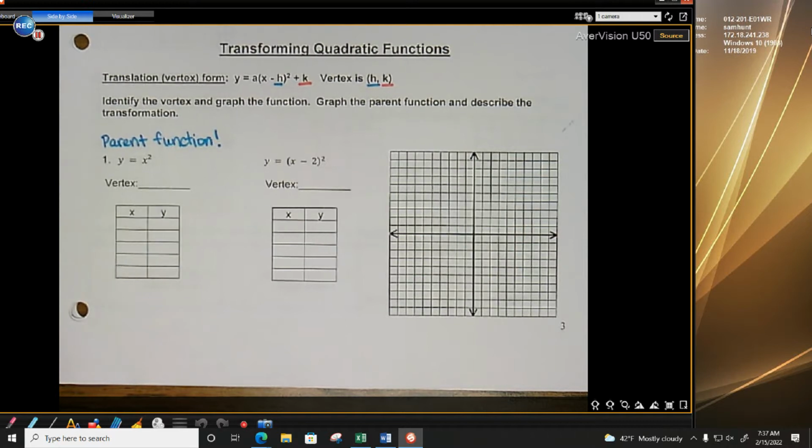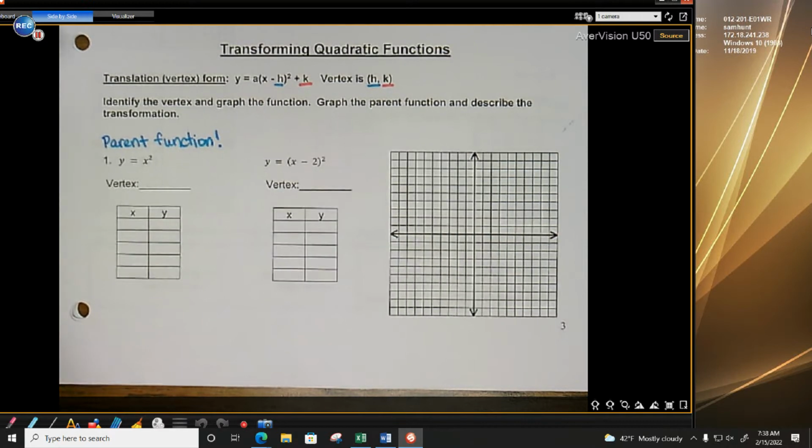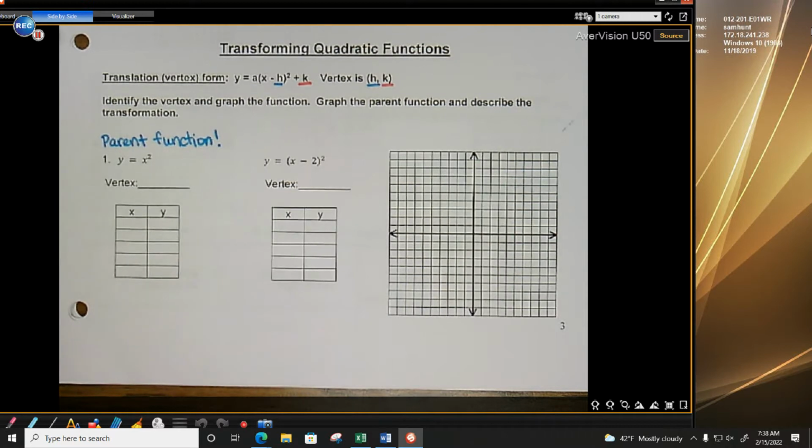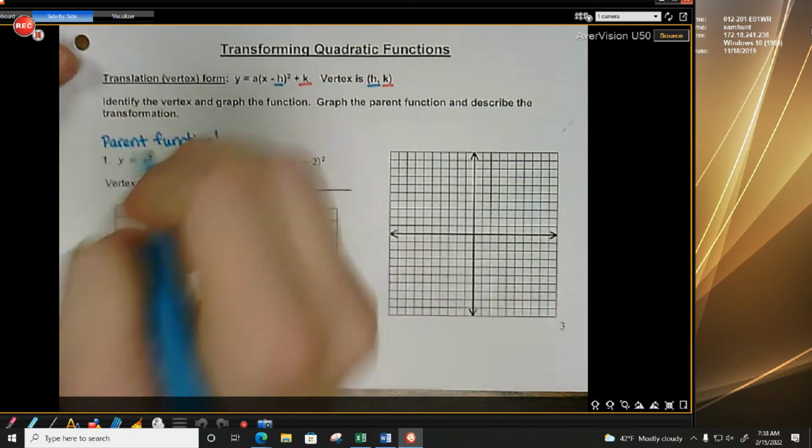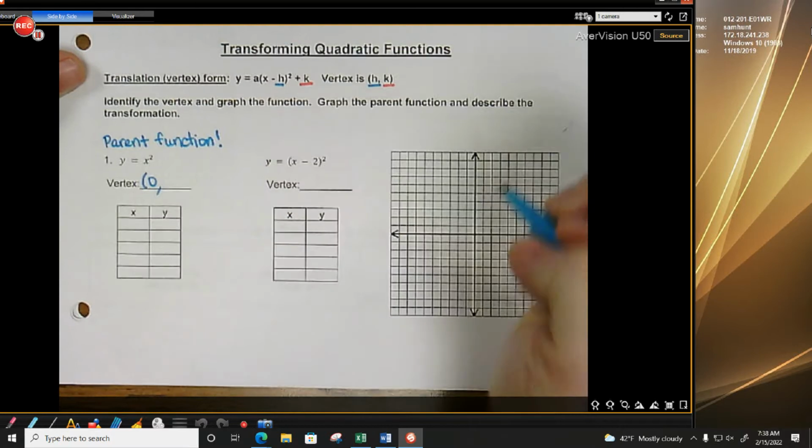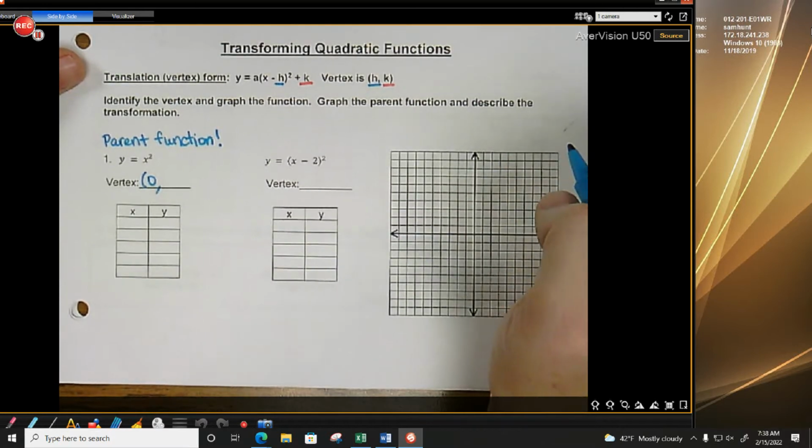Are there parentheses? So what's the number in the parentheses with x if there aren't even parentheses? There's nothing. Nothing means you have 0. Is there a constant out to the side? No. So what's the y value of the vertex?